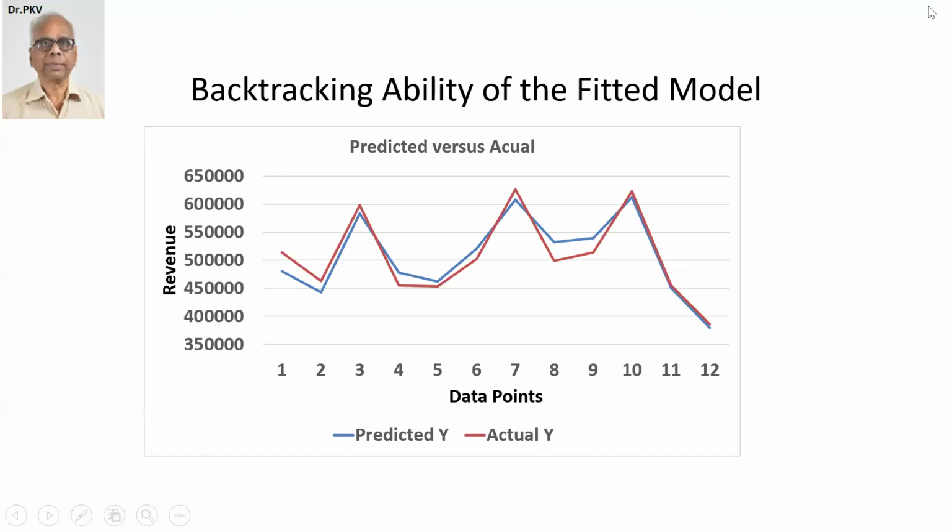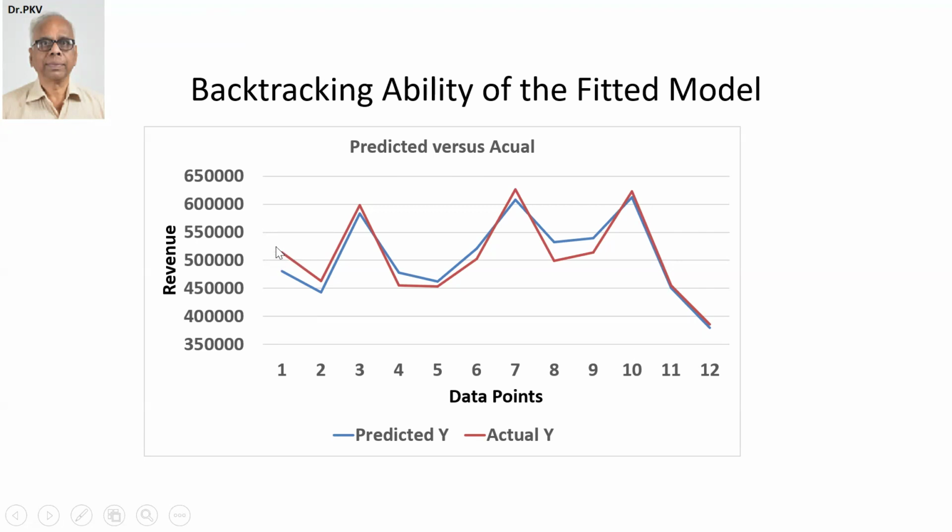The predicted value versus the actual value is plotted, and you can see the blue line is the predicted one and the red line is the actual one, and the vertical axis is the revenue, the horizontal is the 12 data points or the observations in the data set for each one of the record.